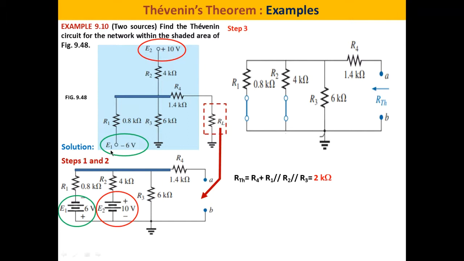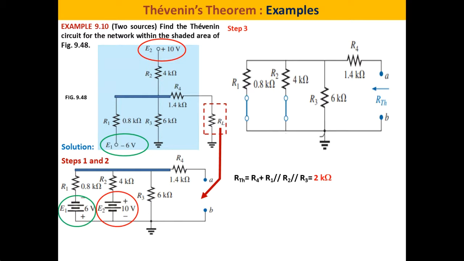As you can see here, E1 of minus 6 means that from this point to ground there is a power supply with negative polarity at this point and positive at the ground. So we have drawn this circuit in a different way. We have minus 6 volts, a power supply from this point, minus, to ground, with the plus terminal at the ground.